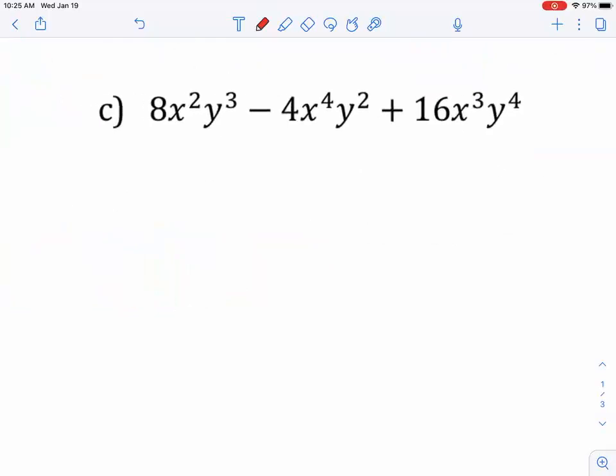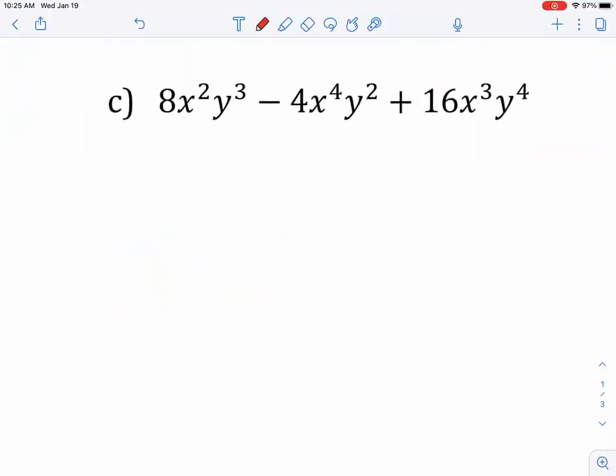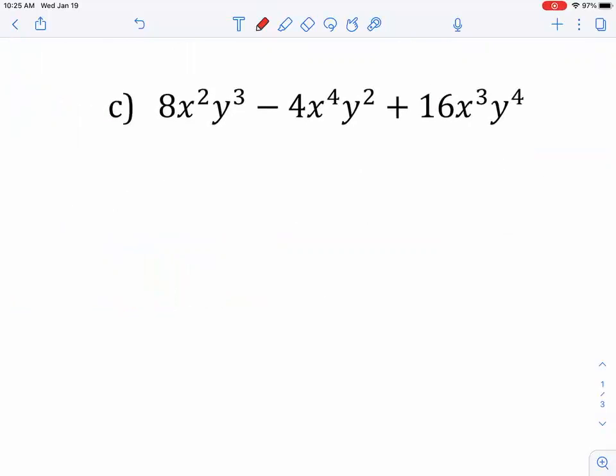So for the last one, our numbers, the largest number that goes into 8, 4, and 16 would be 4. For our x's, we're going to take the smallest exponent, which is x squared. For our y's, we're going to take the smallest exponent, which is y squared.